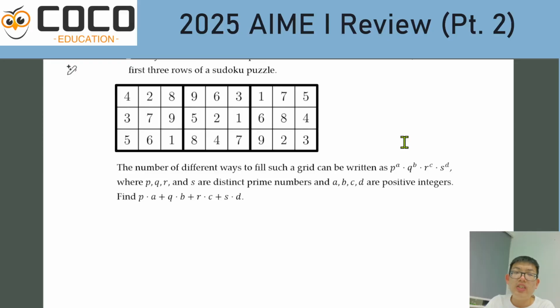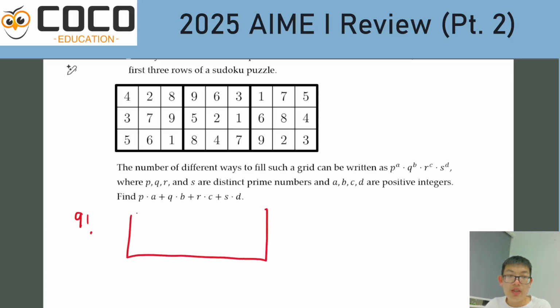So I can assume that there are 9 factorial ways to start with, but that it just began with 1, 2, 3, 4, 5, 6, 7, 8, 9. So that's one row.